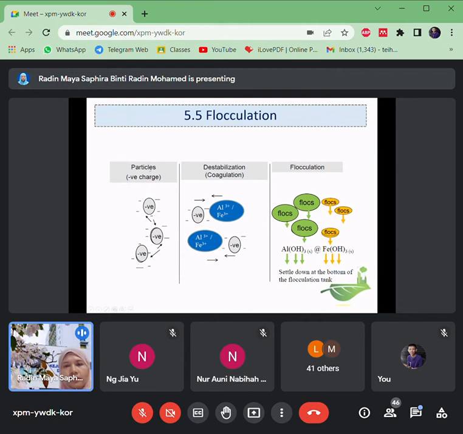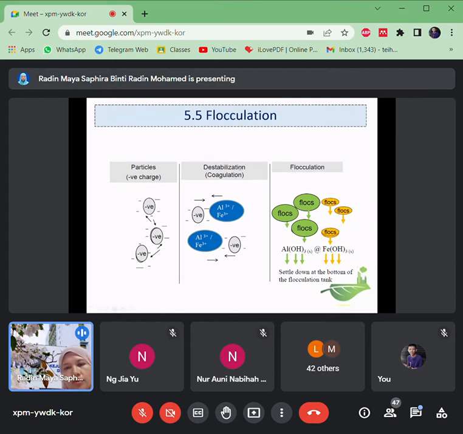Basically the particles or dirt in the water that we want to remove are negatively charged. When we add this, not necessarily alum, we call it a coagulant. We also use ferric sulfate and ferric chloride.